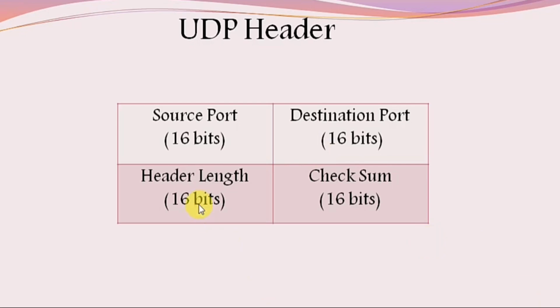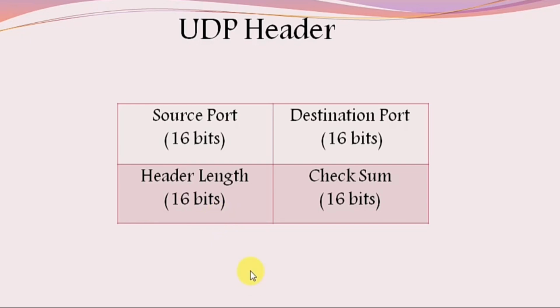Now if you consider the length field, it is 16 bits. What is the total size of length? It is 2 power 16, so the range is 0 to 65535. So finally I can say that the maximum size of a segment in the UDP will be 65535. Here, along with the data, this UDP header information will also be transmitted.